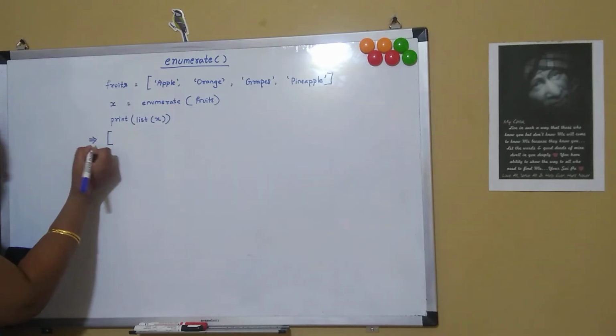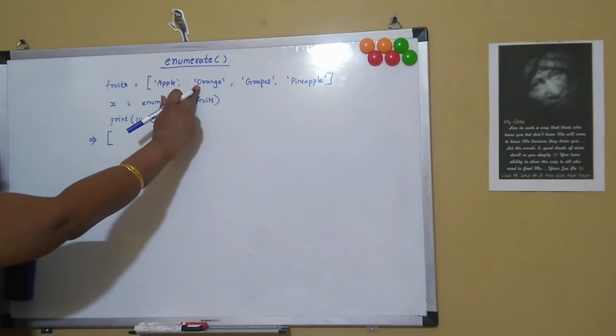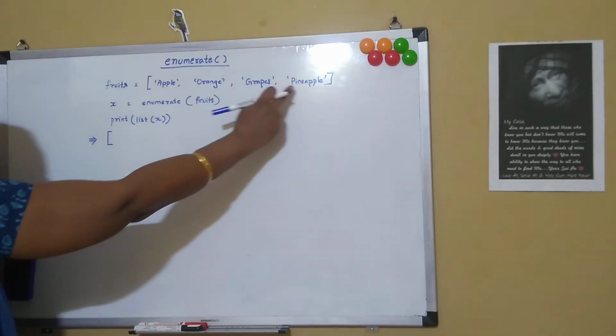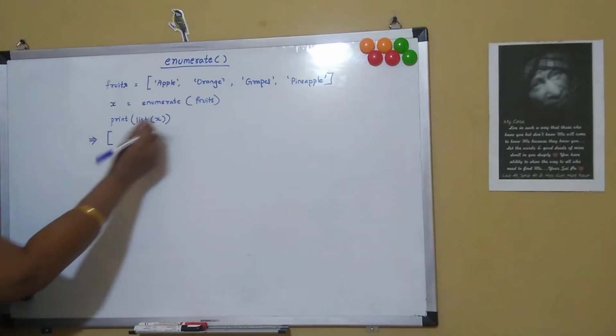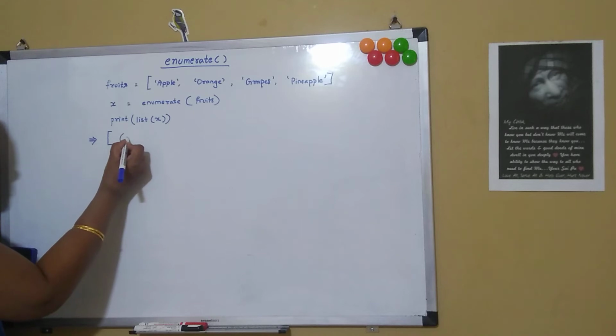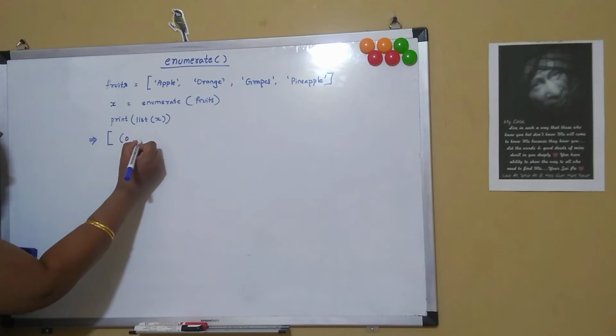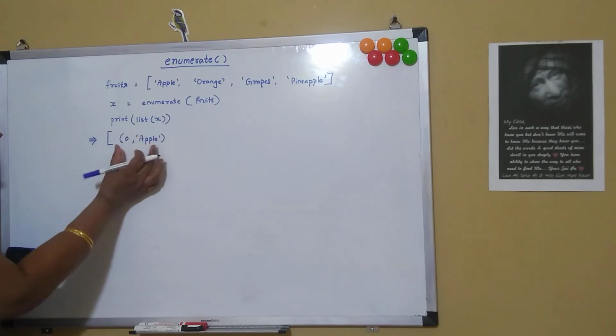The output will be tuples having the counter and the item, counter, item, counter, item. Since I have not given my start value, it will take 0 as the start value. So counter is 0 and the item is apple. It will give it in tuple format.